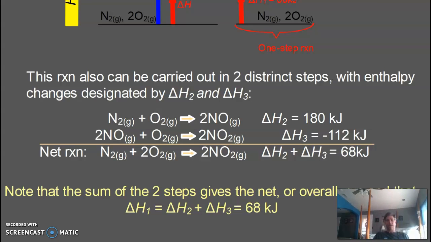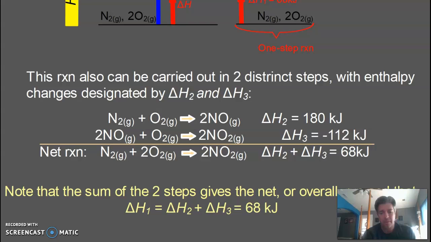If we knew these 2 reactions to make these 2 moles of nitrogen dioxide, the amount of energy that it takes to make 2 moles of nitrogen monoxide is 180 kilojoules. The amount of energy it takes to make 2 moles of nitrogen dioxide gas is negative, or releases 112 kilojoules, represented as that negative number.